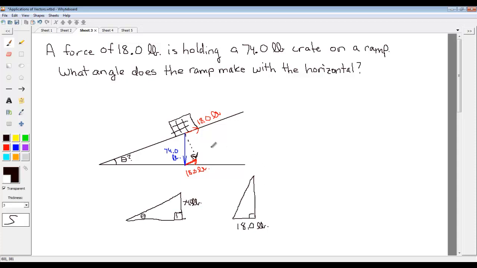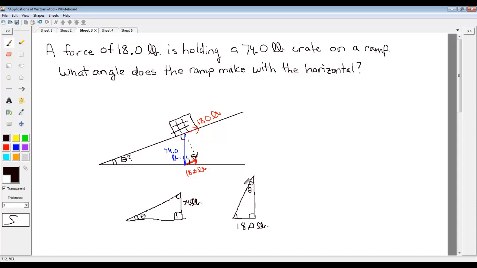Alright, the angles, let's see. This and this are parallel, the 18 pounds, those are parallel. So once again, we've got alternate interior angles here and here. So this angle is congruent to this angle. So therefore this theta is going to be congruent here. That's going to be theta as well.